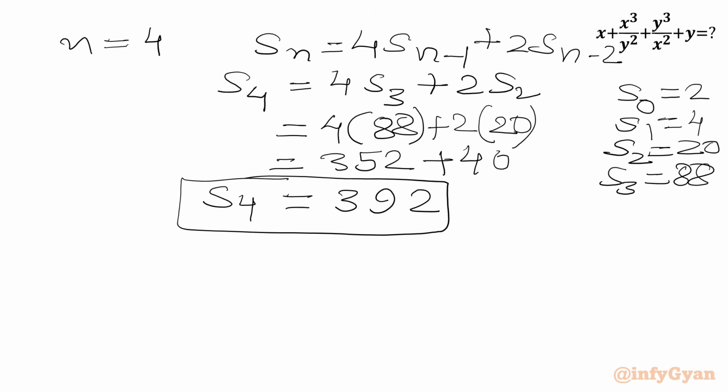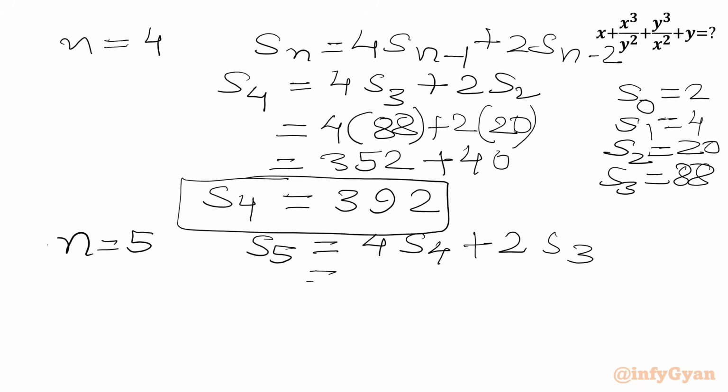Now we have to calculate S5, which is required as per our expression. Now I will put over here n equal to 5 to get the value of S5, which will be equal to 4 times S4 plus 2 times S3. S4 is 392. We will write 4 times 392 plus 2 times S3.